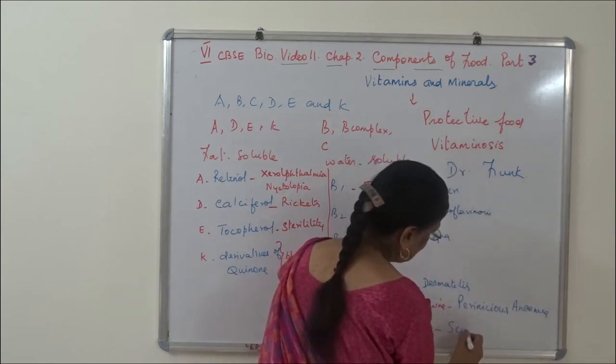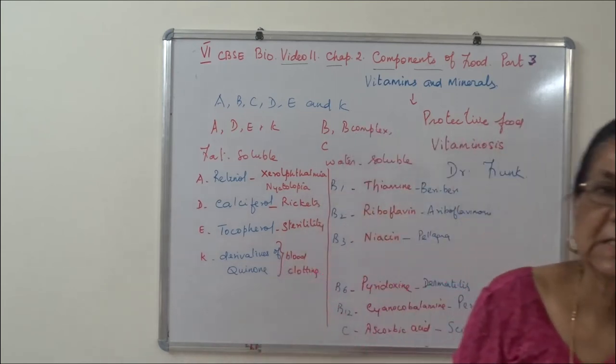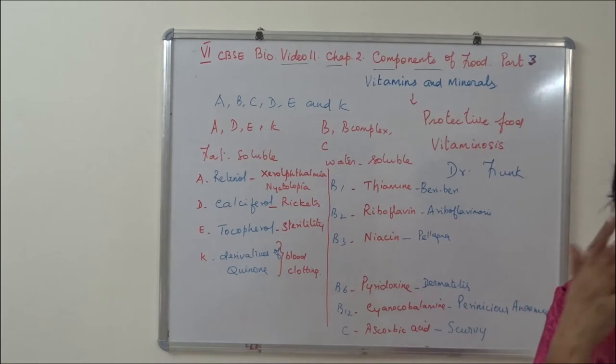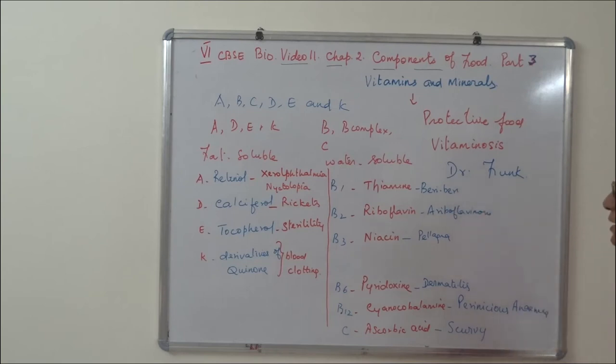And then ascorbic acid, vitamin C, causes scurvy. Scurvy affects the mouth and gums. So these are the deficiency diseases for water soluble vitamins.